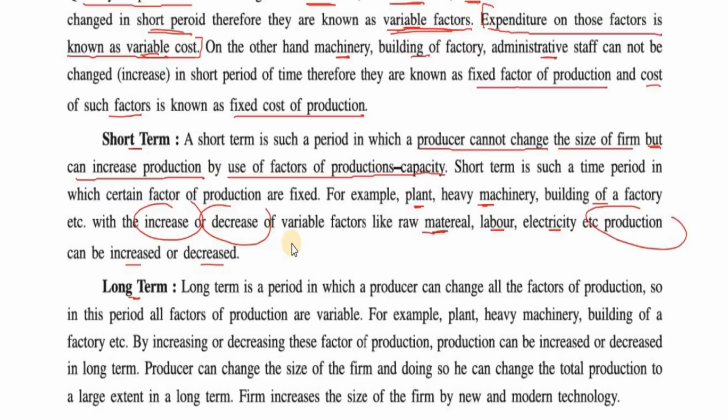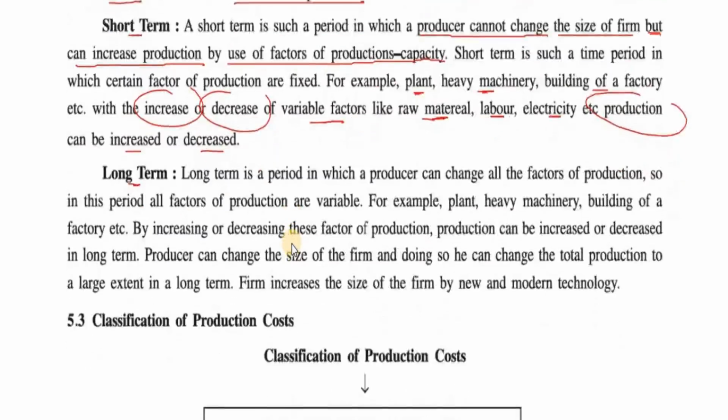So in short term, the factors like plant, heavy machinery, building of factory will remain constant, they will not change, but we can increase or decrease the production by increasing or decreasing the variable factors like raw material, labor or electricity.